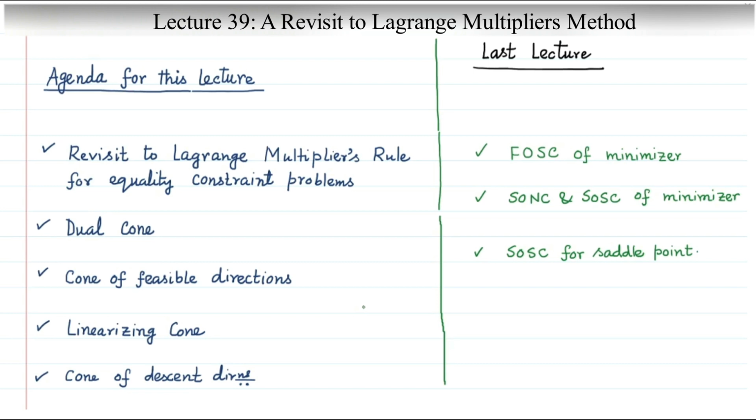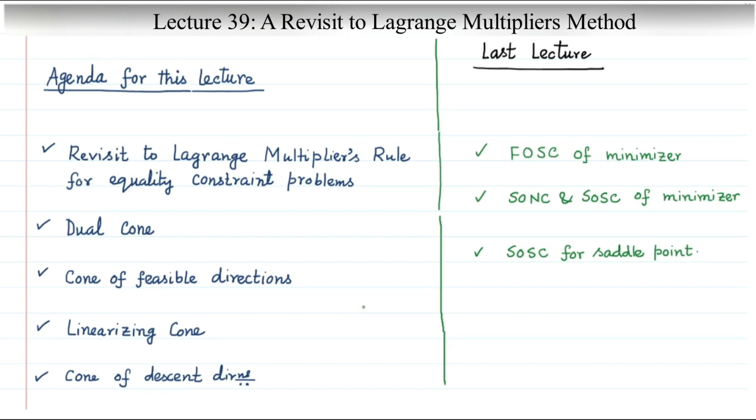We shall see that the process that was discussed during the advanced calculus course for identifying a local minimum for a function of several variables subject to equality constraints was missing some mathematical points.